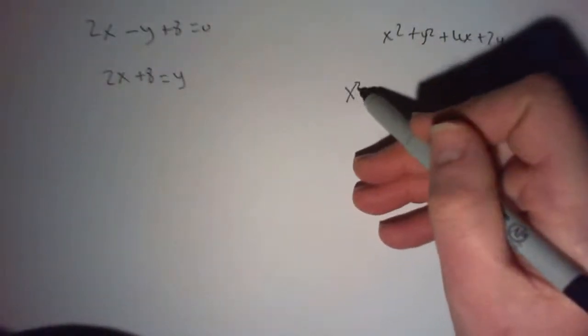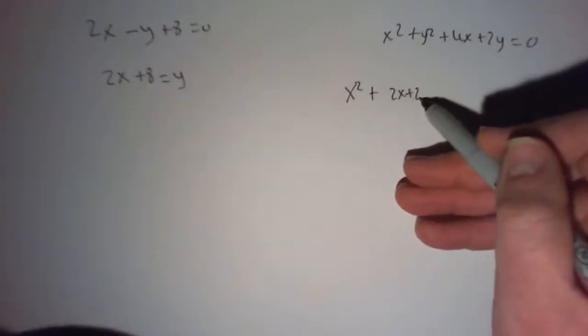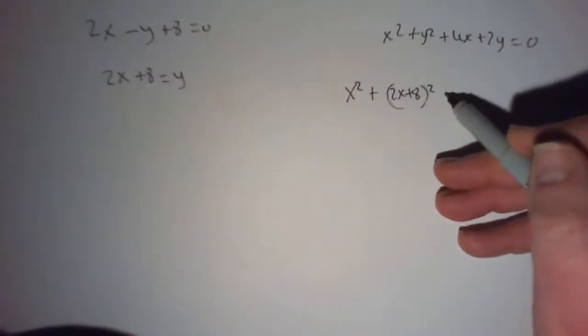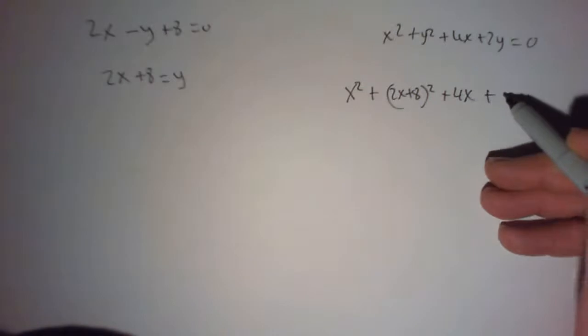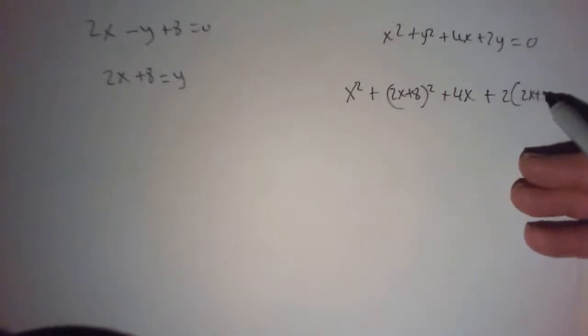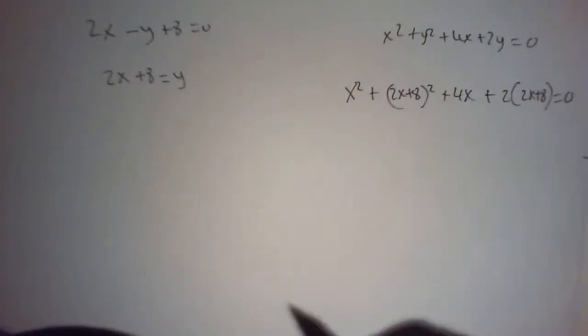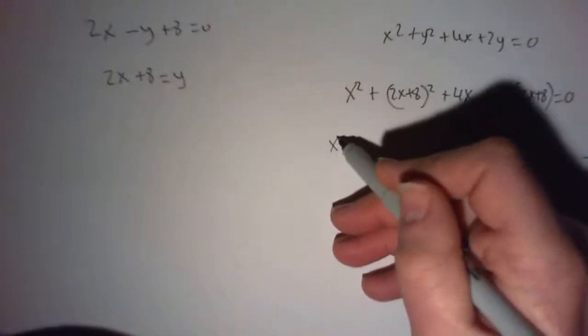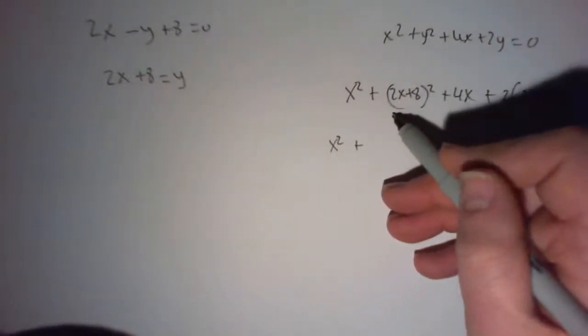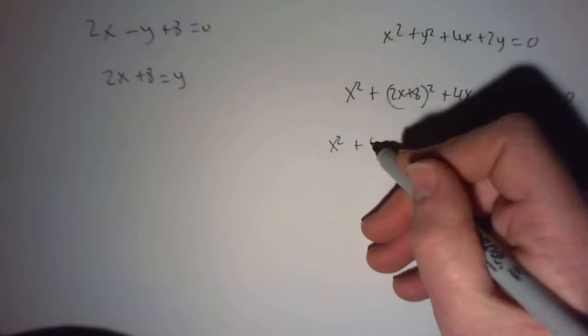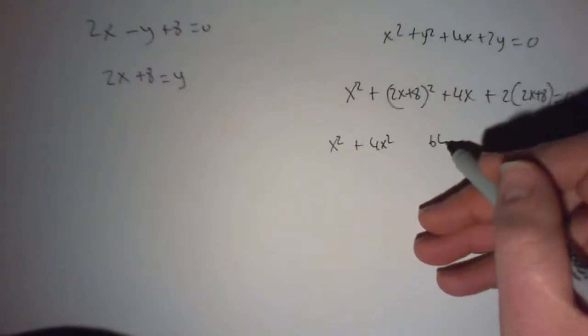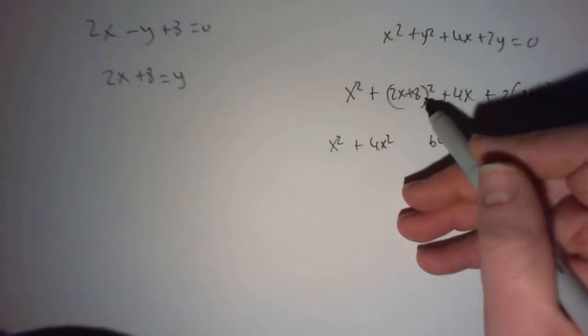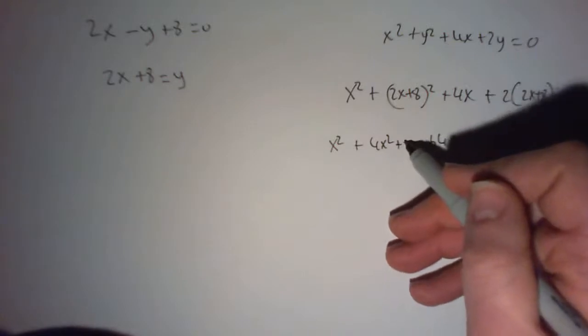So we're going to get x squared plus (2x plus 8) squared plus 4x plus 2 times (2x plus 8) equals 0. Okay, so that's going to be x squared plus, well, what's this? We're going to square the left, that's 4x squared. Square the right, 64. Multiply them together, 16x, and double it, 32x.